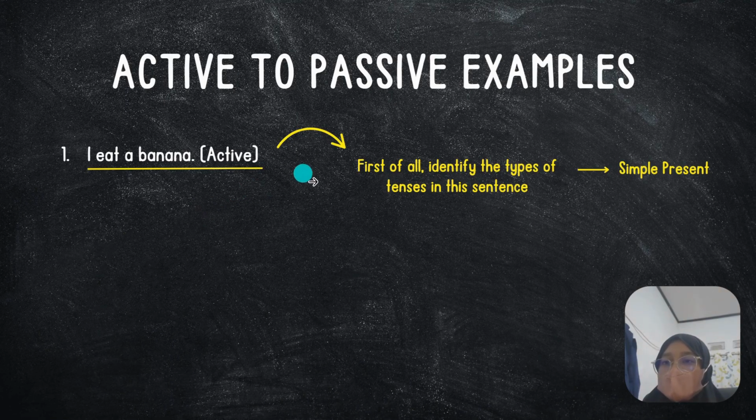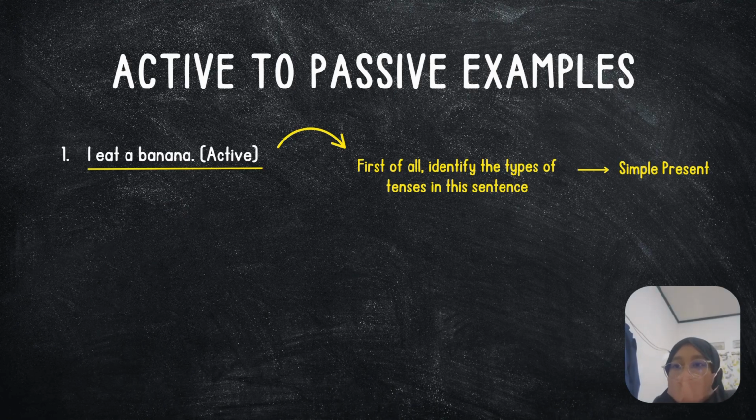So, if you want the easy way to change it, first of all, you have to identify the object of the sentence. From this sentence, the object is banana, and you have to move the object to the front of the sentence.